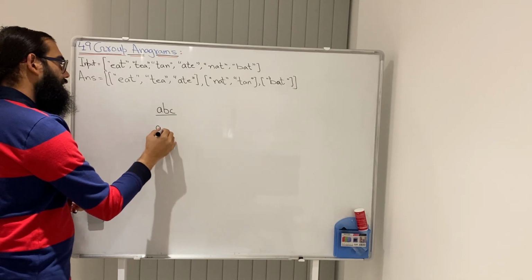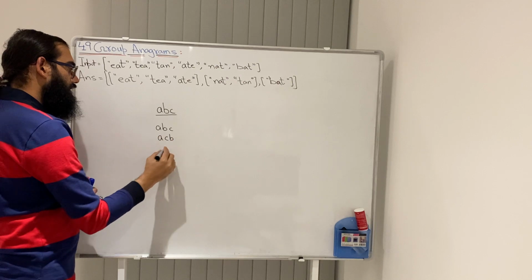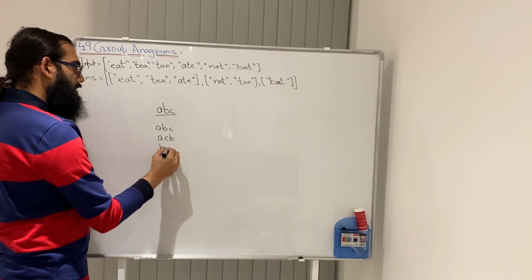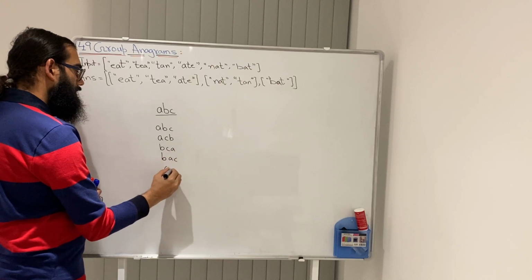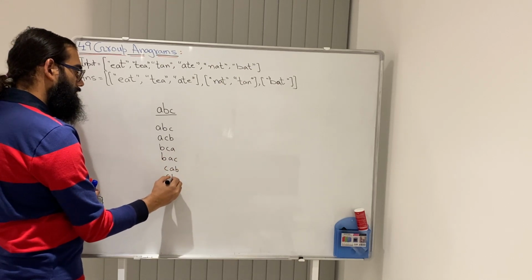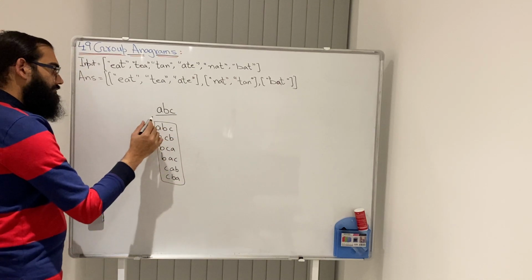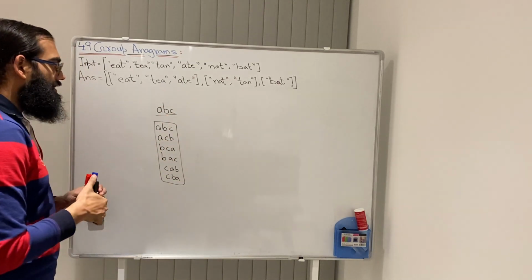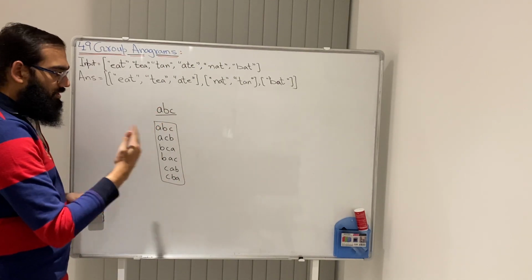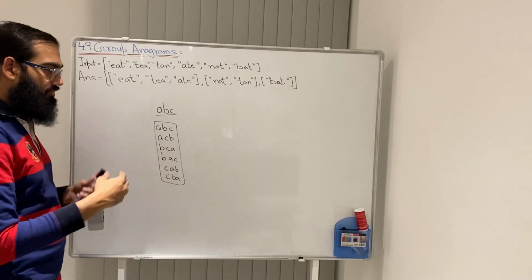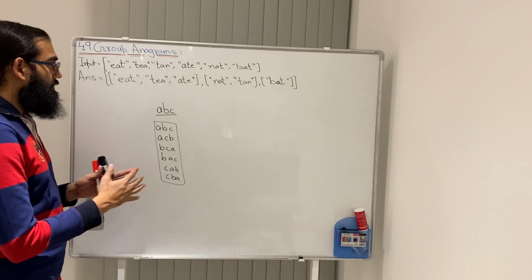One is ABC, ACB, BCA, BAC, CAB, CBA. So these are all anagrams of ABC. It's like you have a string and you can change the order of the characters, but you are still using the same string, same characters. Those words are called anagrams.